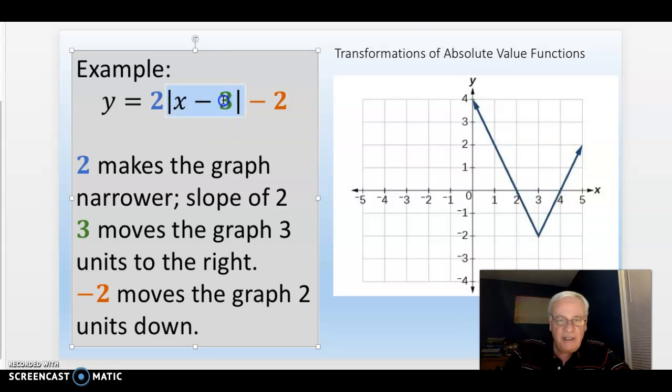Remember this 3 right here? Because this says -3, you move to the right. So you start at 0, I move to the right. 1, 2, 3. This -2 on the outside means you move it down 2. Down 1, 2. And that's where the vertex is.